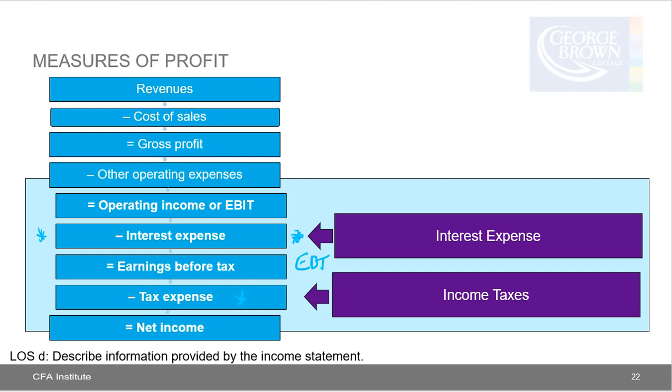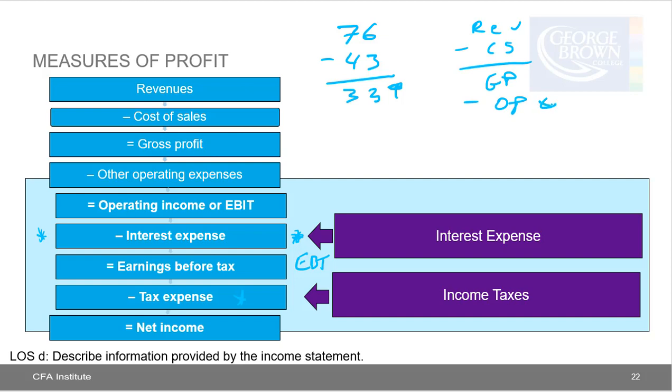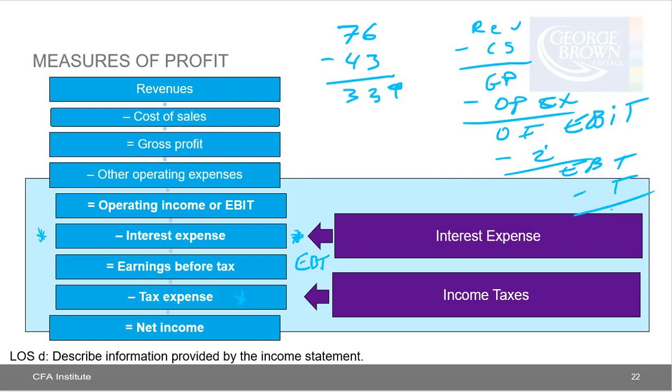So recall from the example, the net income was 76 million, and they paid a dividend of 43 million, and the increase in retained earnings was the 33 million, okay? As a basic understanding, just remember that revenue minus cost of sales gives me my gross profit, minus my operating expenses, gives me my operating income, or we're going to call that EBIT, earnings before interest and taxes, minus my interest, gives me my earnings before tax, minus my tax gives me my net income.